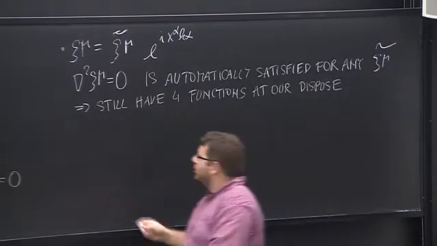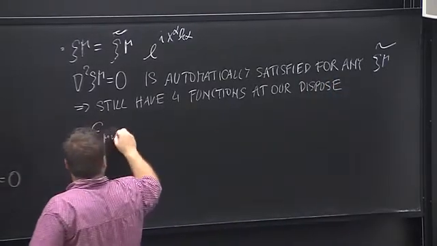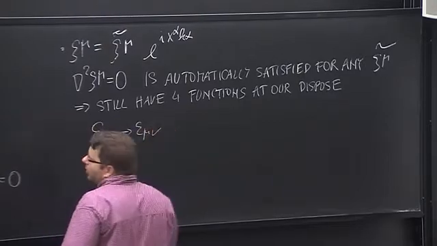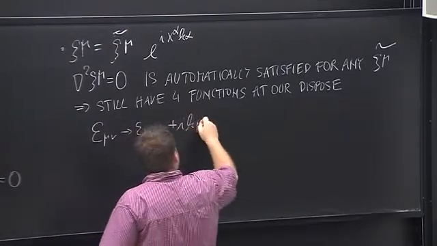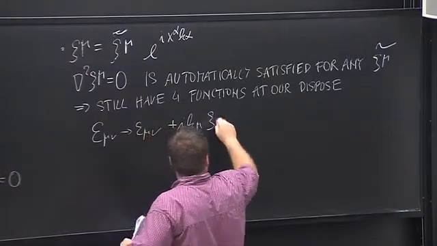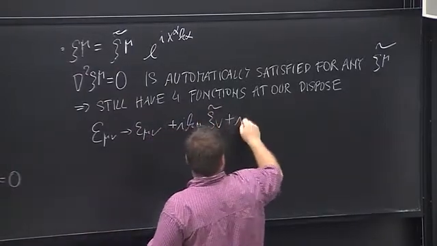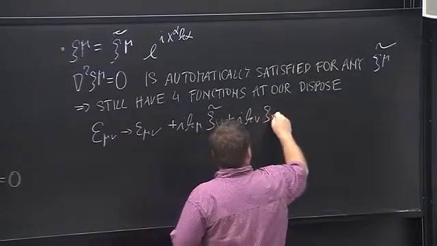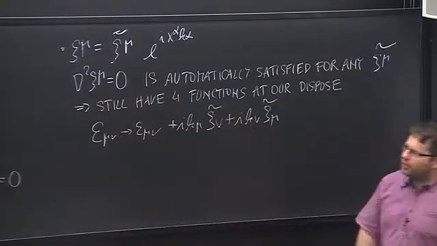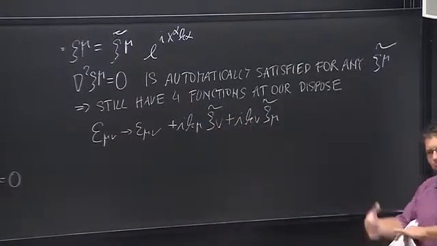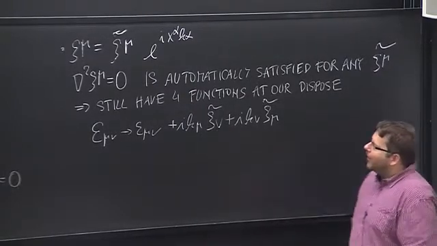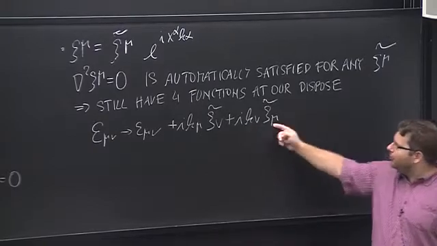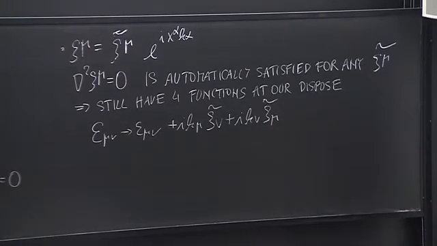And so we can do ε_{μν} to ε_{μν} plus i k_μ ψ̃_ν plus i k_ν ψ̃_μ. So that's the gauge transformation. That's h_{μν} going to h_{μν} plus ∂_μ ψ_ν plus ∂_ν ψ_μ, but now in this k space.